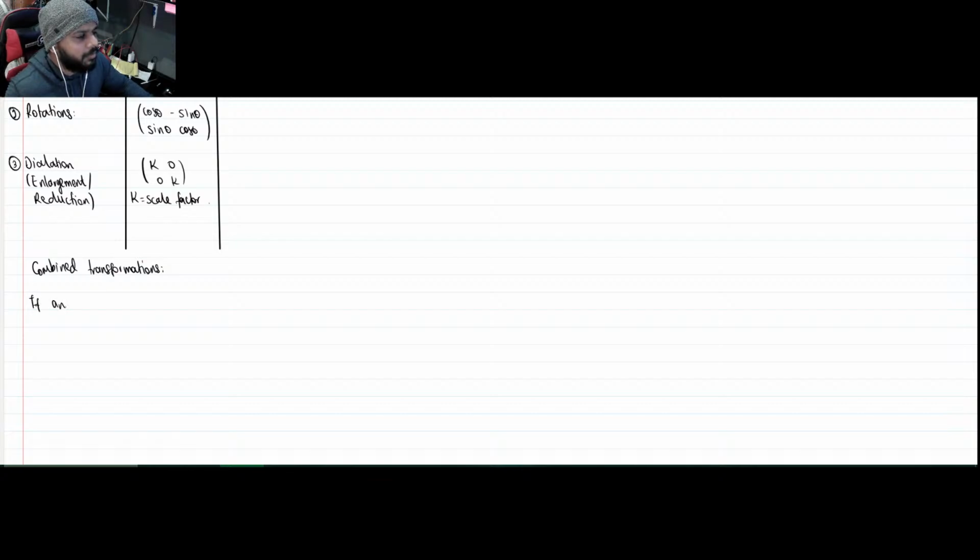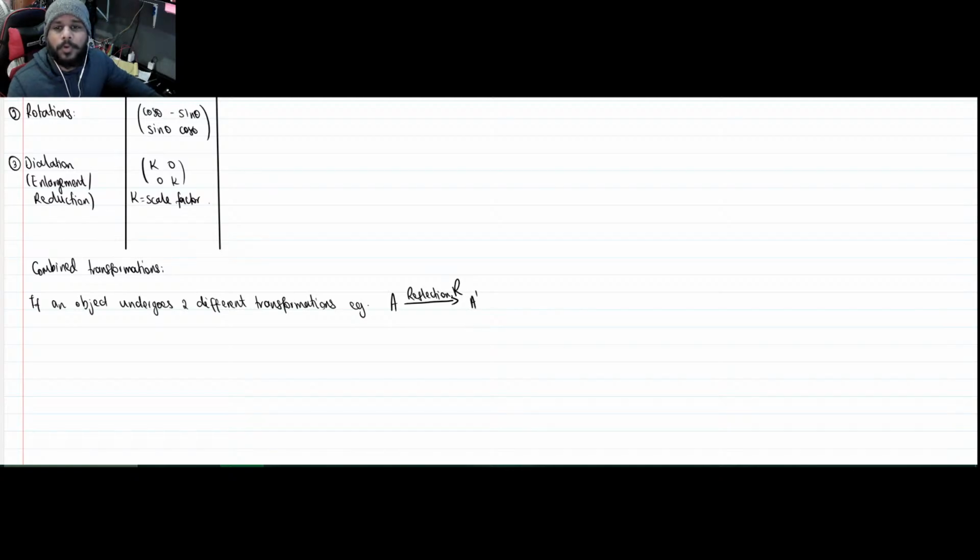If an object undergoes two different transformations, for example, if I have an object A that first passes through, let's say, a reflection, I'm just making up, symbolized by a matrix R, I will get A prime.